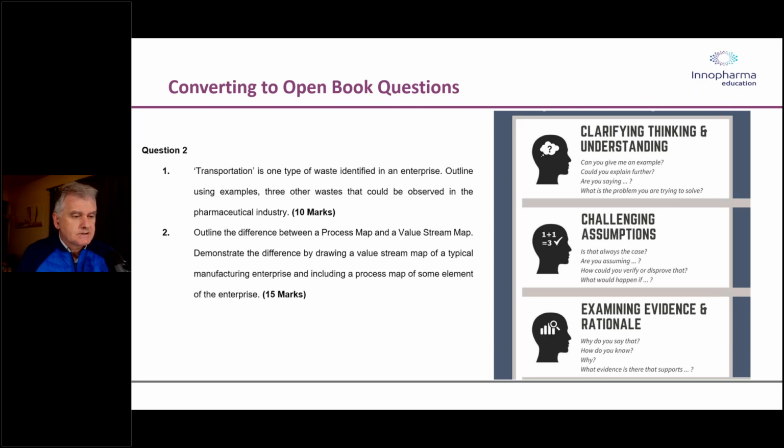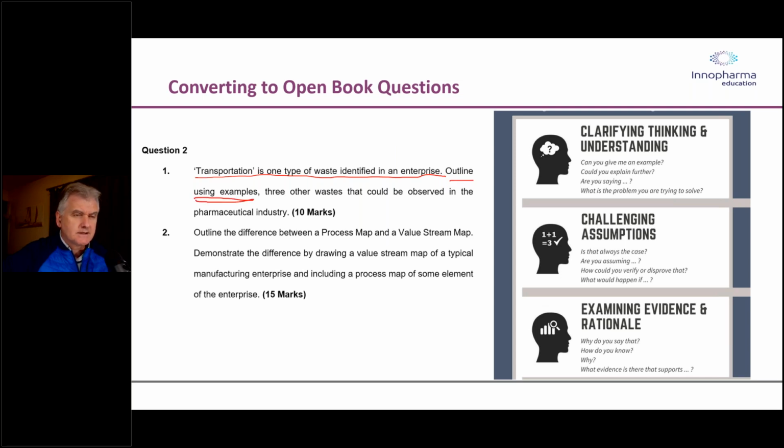It says transportation is one type of waste identified in an enterprise. Identify using examples 3 other wastes that could be observed in the pharmaceutical industry. So the first part is transportation is one type of waste identified in an enterprise. So I'm telling you that. So outline using examples.